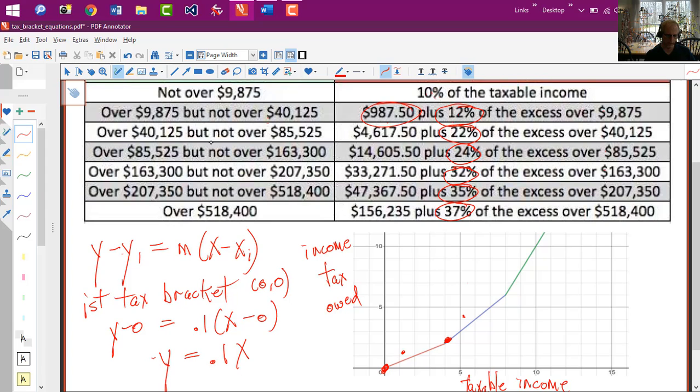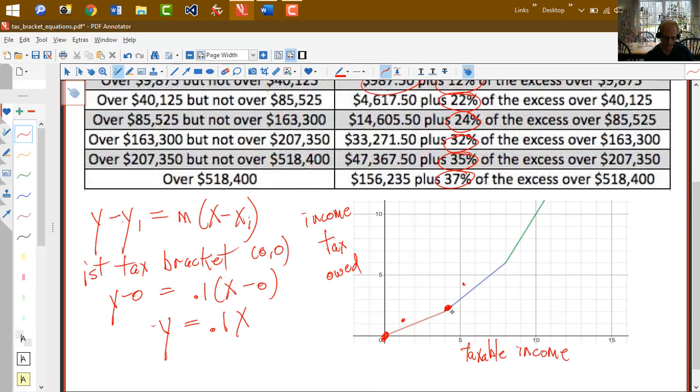So if we make 9,875, we're going to pay $987.50, plus 0.1 times whatever the excess over 9,875 is. Well, at 9,875, the excess is 0.